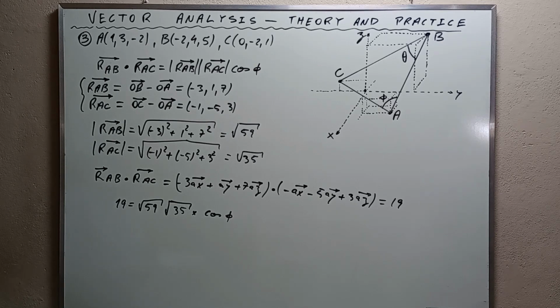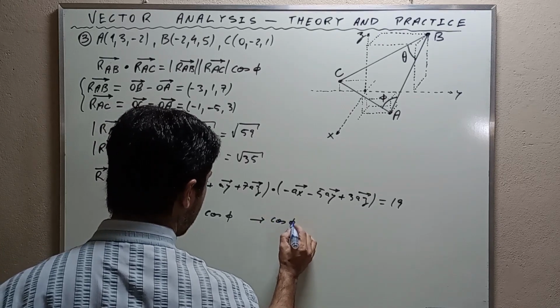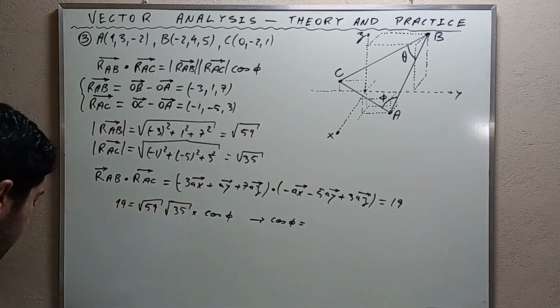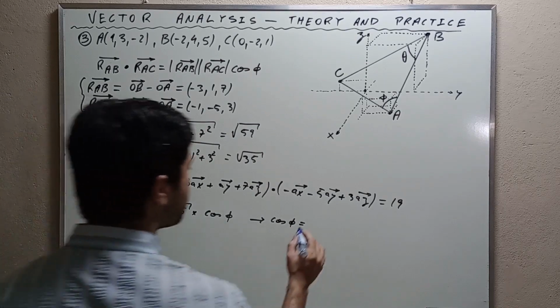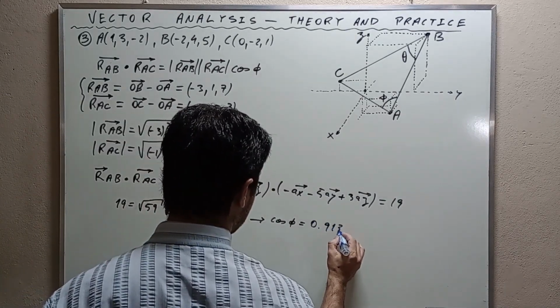And we simply pass this dividing, and we find that the cosine of the angle is 0.9138.